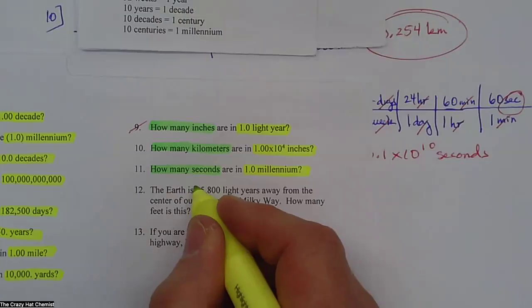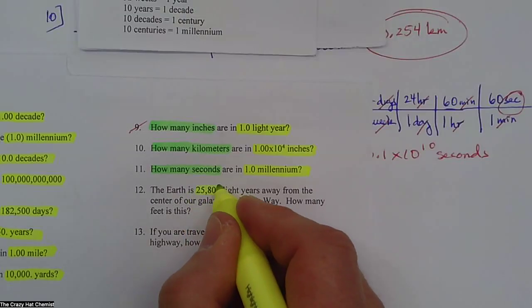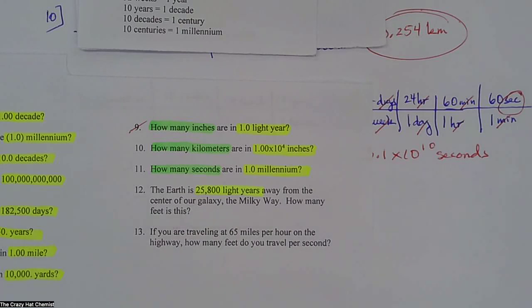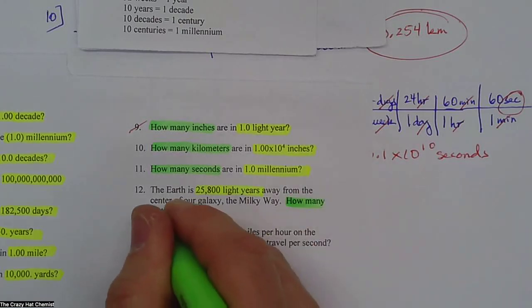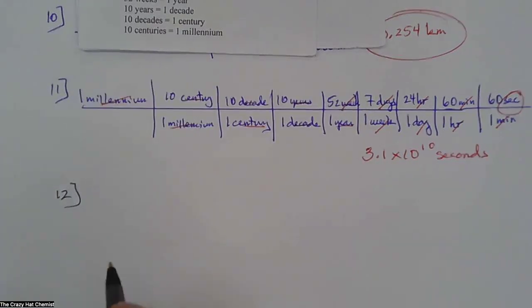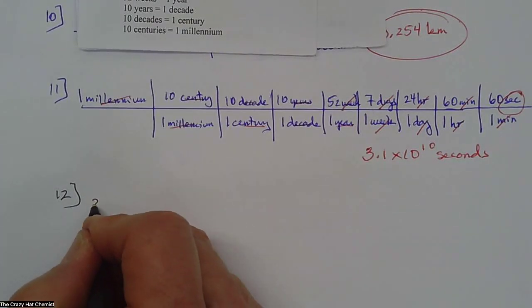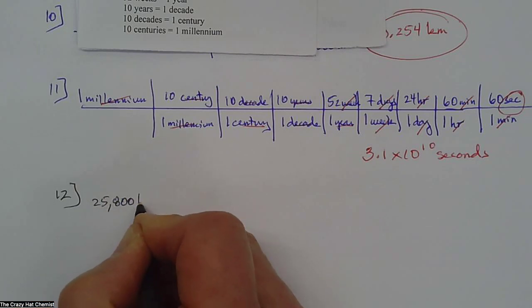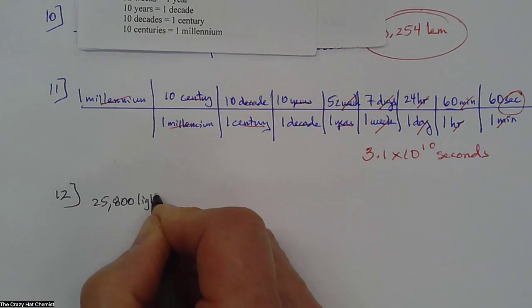So what do I have? I have 25,800 light years, and I am looking for how many feet. That's what I'm looking for. So let's start off here with this number and units: 25,800 light years.